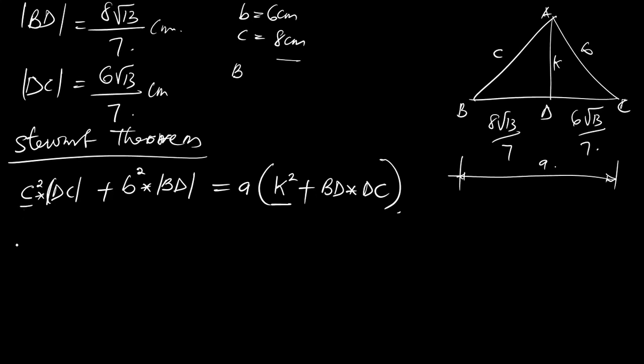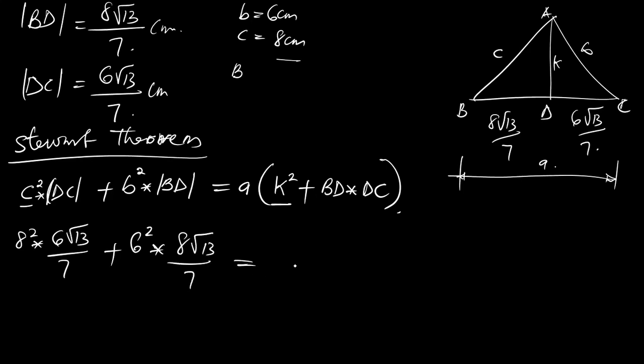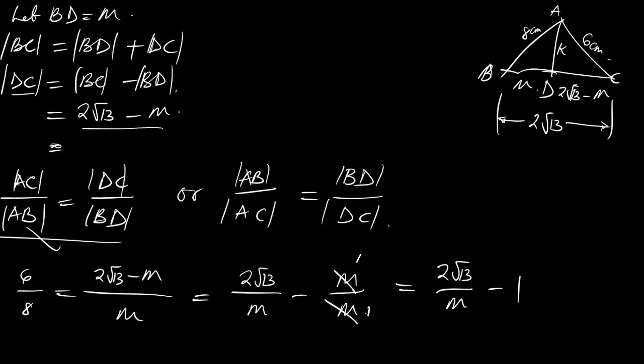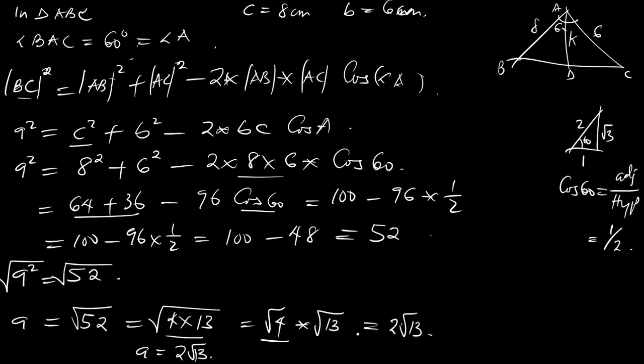We will now have 8 squared times DC, which is 6 root 13 all over 7, plus 6 squared times 8 root 13 all over 7, equal to A, which is 2 root 13. So we'll have A to be 2 root 13 centimeters. That is what we got here.